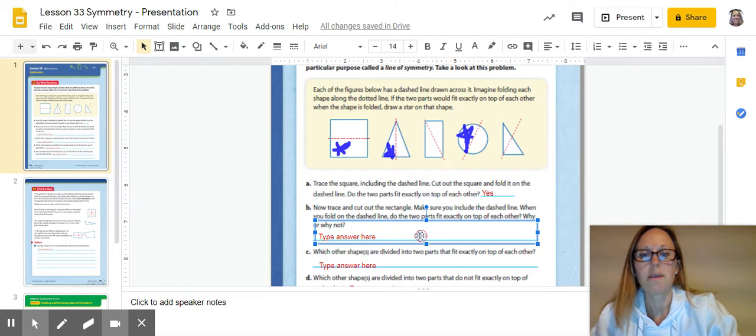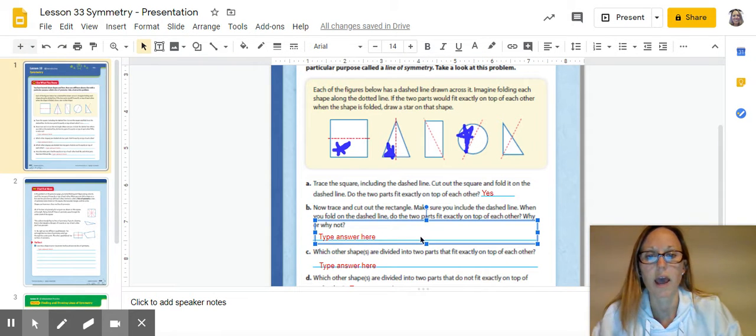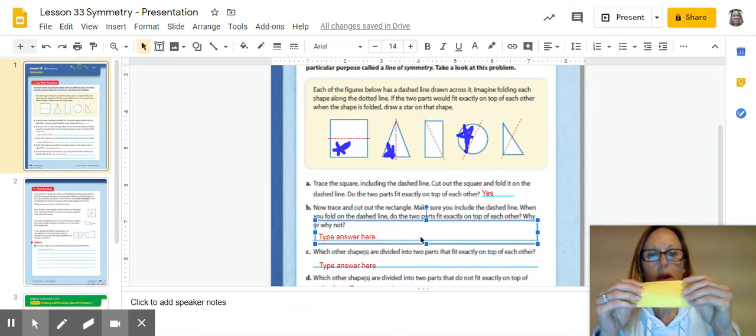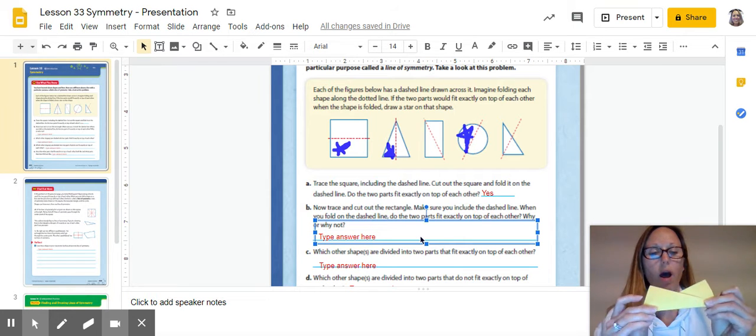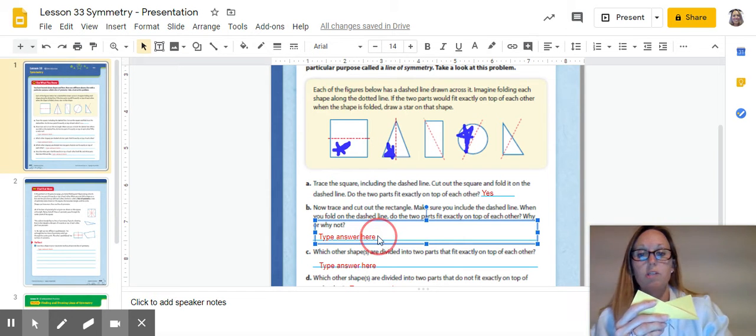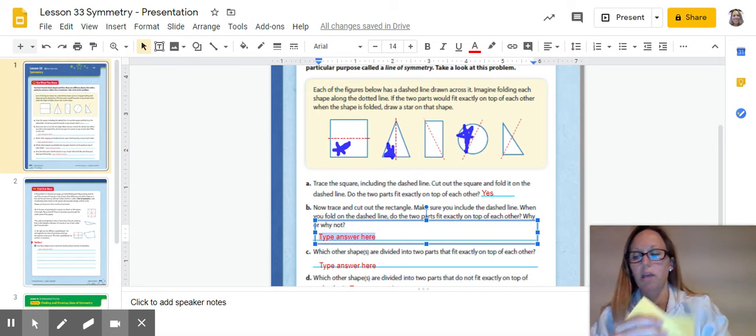Okay, then it says, now trace and cut out the rectangle. Make sure you include the dashed line. When you fold on the dashed line, do the two parts fit exactly on top of each other? Why or why not? And the answer is no. So we're going to put no right here.